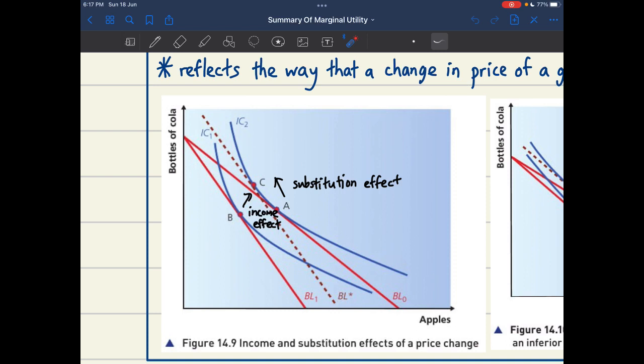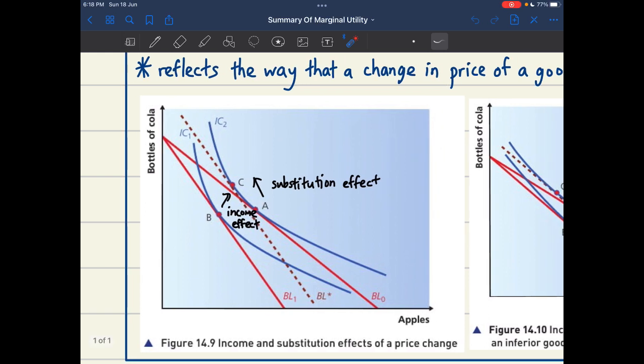And then you could take the curve and go back to the original point. You have to make it tangent with the indifference curve. And when you make it tangent with the indifference curve, you realize that instead of point A, it's now point C. This means that assuming that you have more income, we are on the same indifference curve.